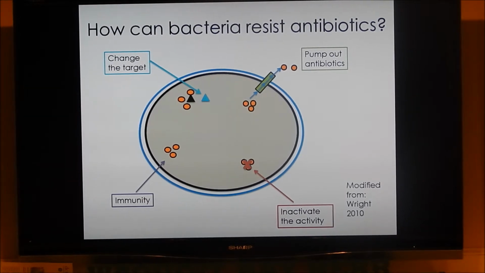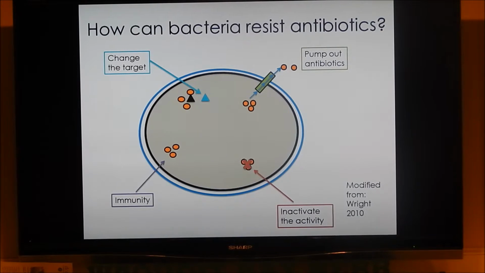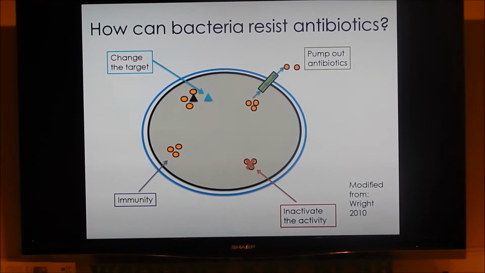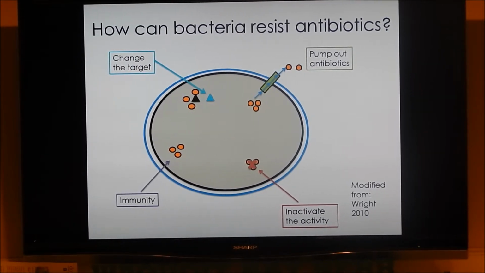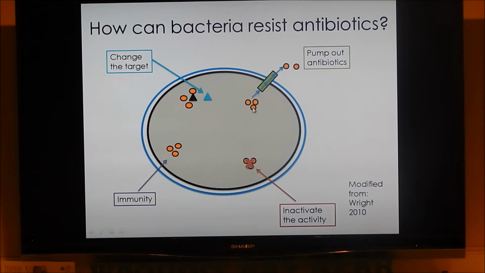So now you might be asking, how can bacteria resist antibiotics? I made this little schematic that gets at that. Imagine with me that this is a bacterial cell, and these little orange dots are antibiotics. There's a variety of things that could happen, and I've just picked 4 to show here. The antibiotic could get into the cell, and then it might not do anything.